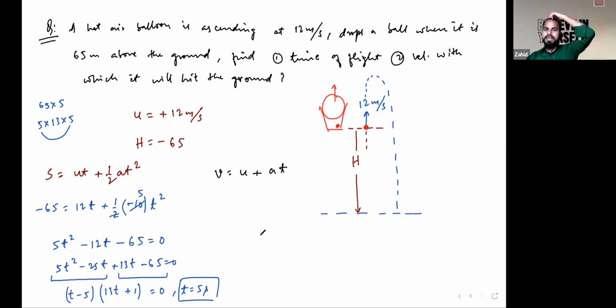Samara, gravity would be negative. Good, Ram. Good, Samara. Good, Sabita.